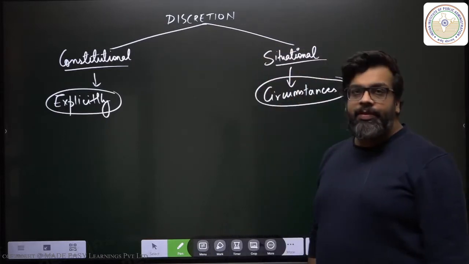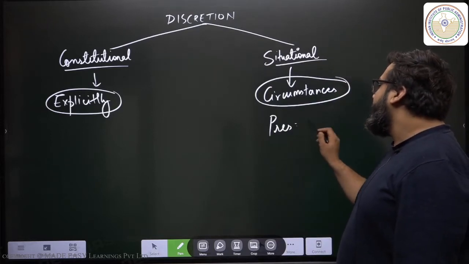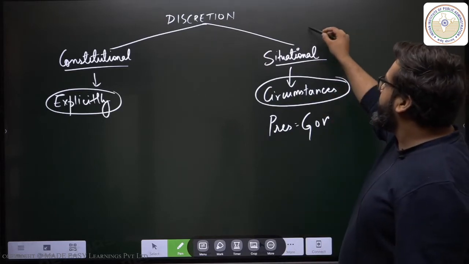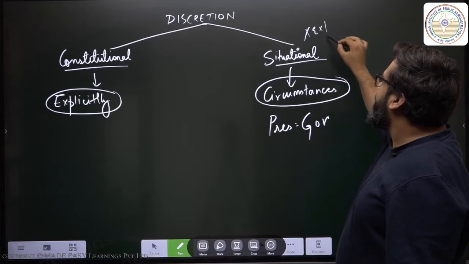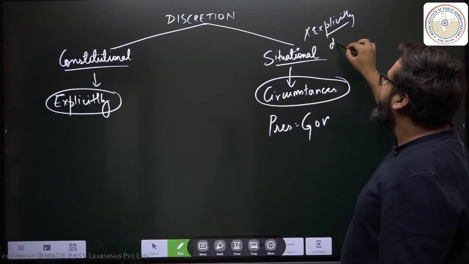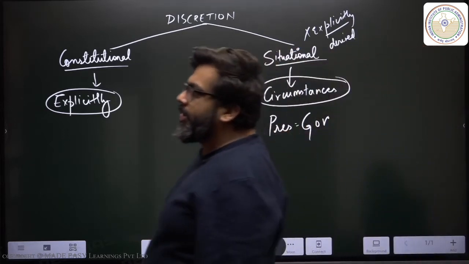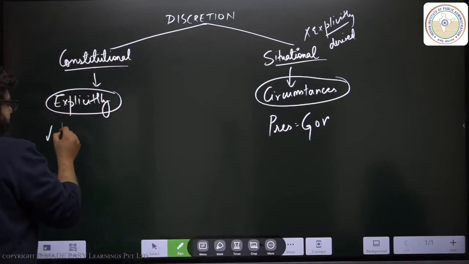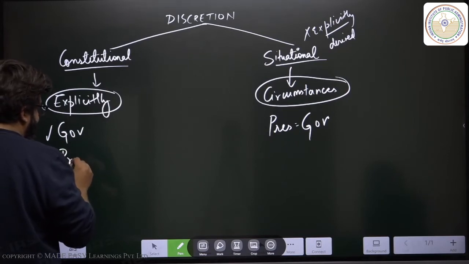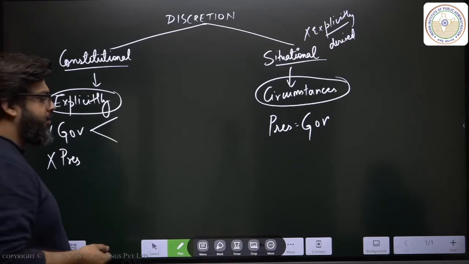So as far as situational discretions are concerned, both the president and the governor enjoy equal discretionary powers, because these are not explicitly mentioned in the Constitution. These are derived, these are implied. But when it comes to dedicated discretionary powers, it is only the governor that gets these powers and not the president.